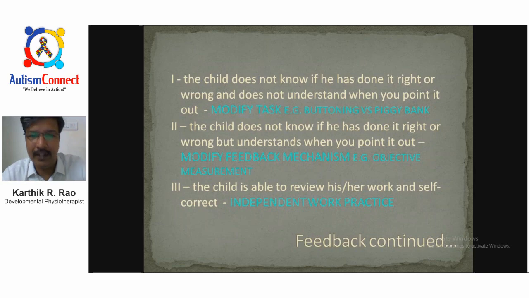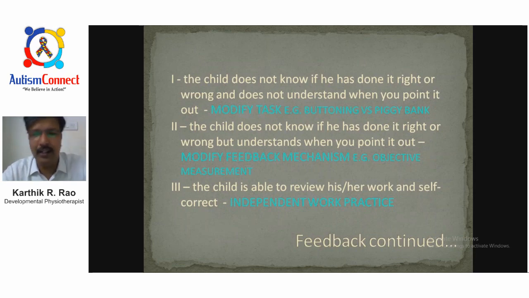So if you find that the child is in either level 1 or level 2, do not blame the child for not doing it independently, because essentially he thinks that I'm not able to do this activity. Suppose he completes his writing work, and then you come and tell him that this is not right, and you erase everything.